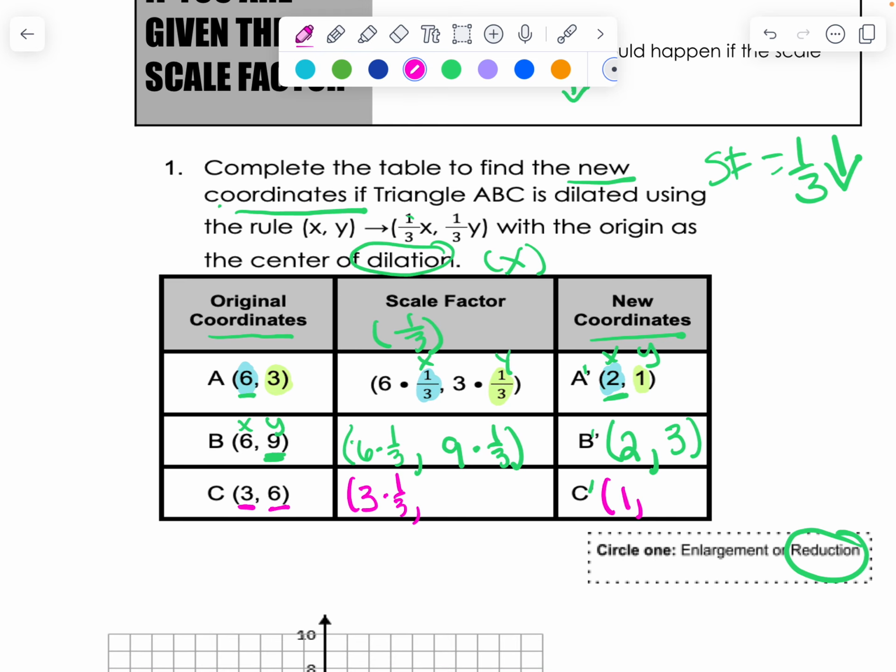And then my original y is 6 times my scale factor. And I already did it here, which is 2. So I'm going to put my 2 here. Or you can multiply it again. So this side right here is my new ordered pairs. Okay, that's the copy of the original one. And if I compare, all the numbers did get smaller. So that means that I did that right.